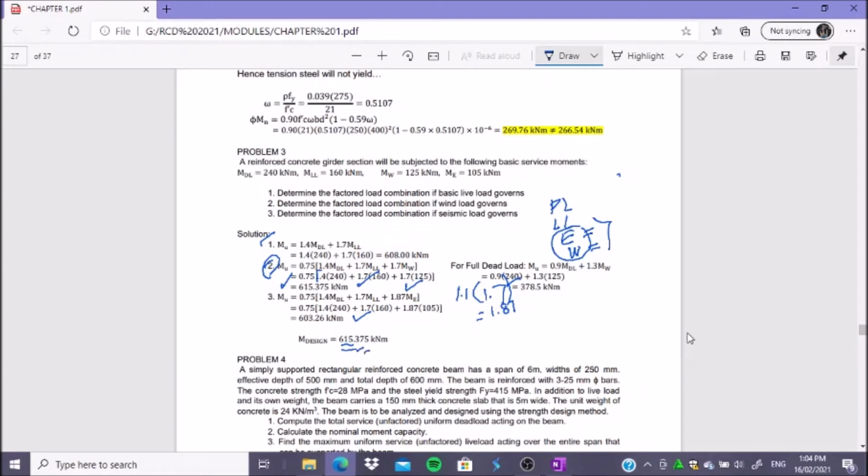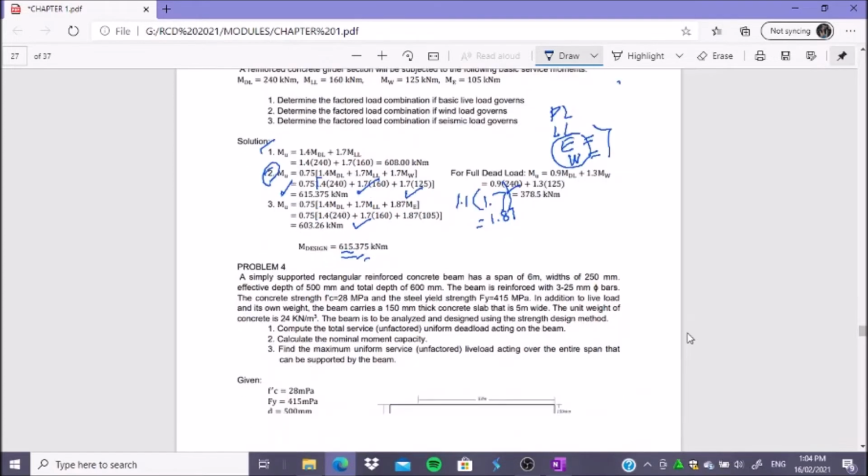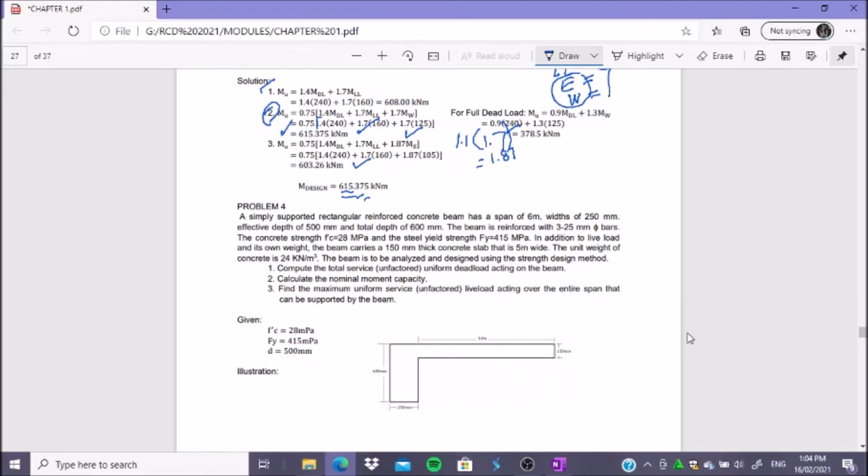So, application of formula lang. For number 4, a simply supported rectangular reinforced concrete beam has a span of 6 meters, width of 250 mm, effective depth of 500, and a total depth of 600 mm. The beam is reinforced with 3-25 mm bars.